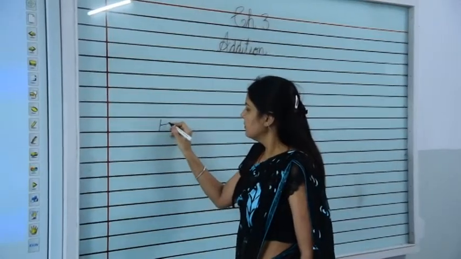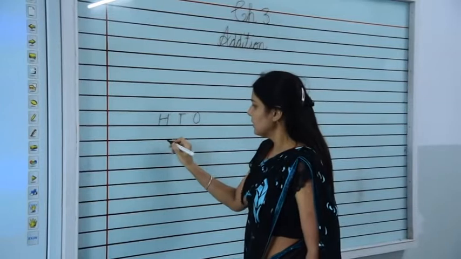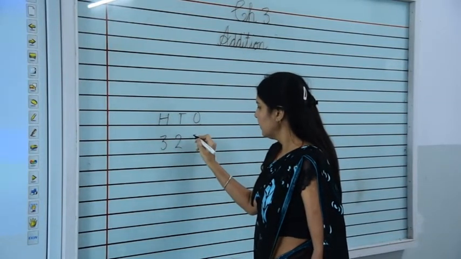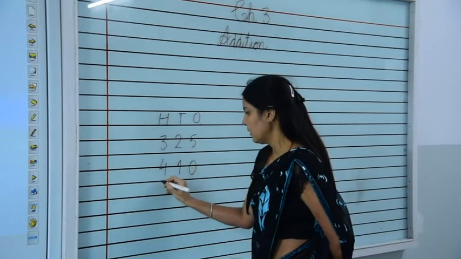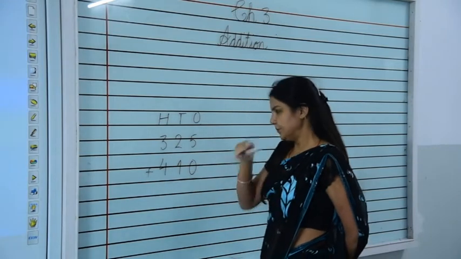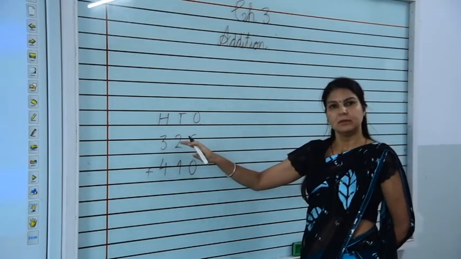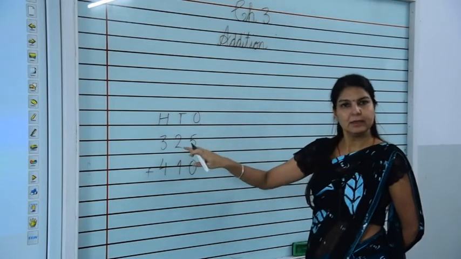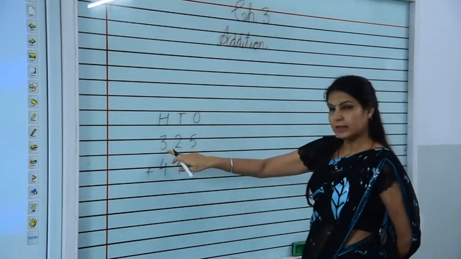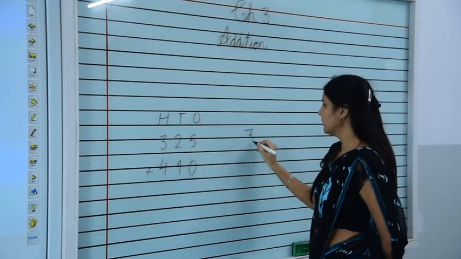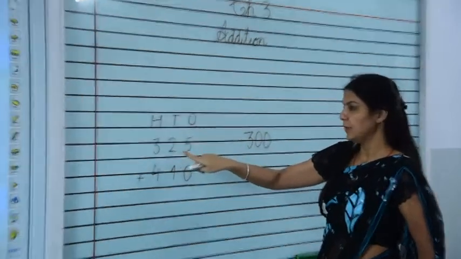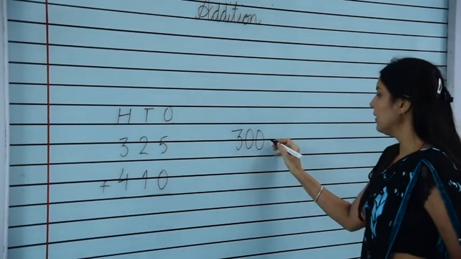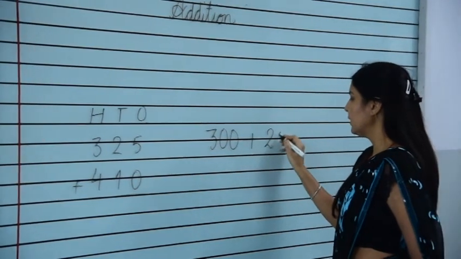Here the numbers are written in column. This is 325 and 410. Now what will we do? We will expand this number. This digit is at hundreds place, so we will write 300. 2 is at tens place, so we will write 20 for 2.